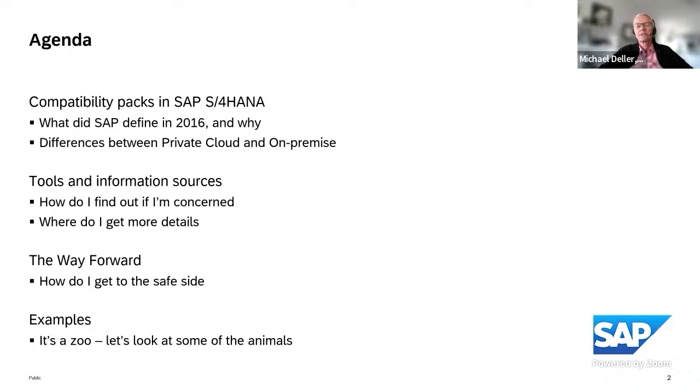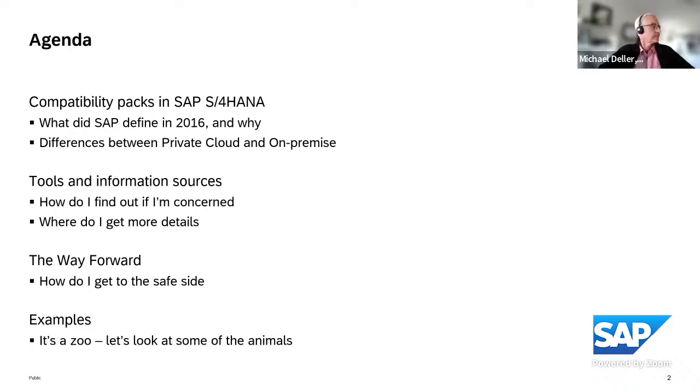And this is also going to become more transparent to you in the course of the release of 2023, because we are going to split, for example, the feature scope description, which is where you can see the respective compatibility scopes. Then Roland will take over to cover the question, what tools and what information resources does SAP provide to you to help understand which compatibility packs am I concerned by.